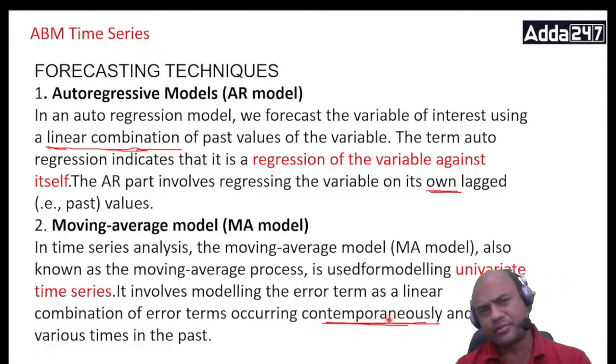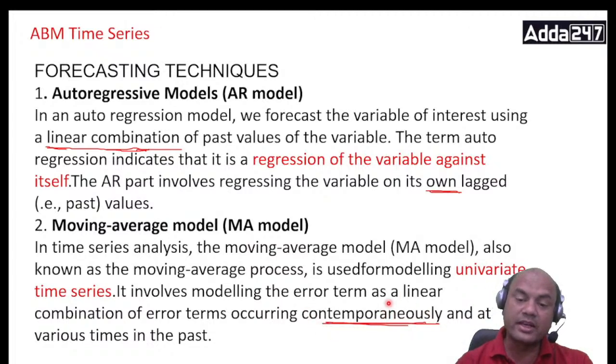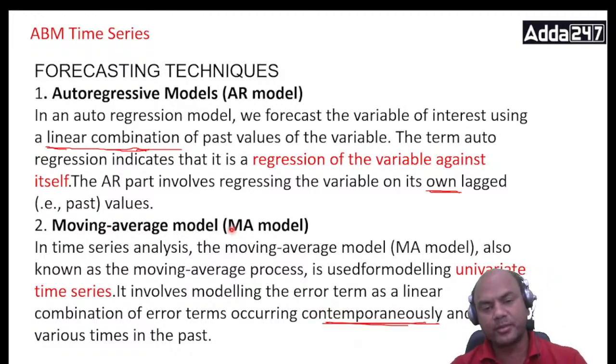So big word. This is latest one, latest. Whichever is the latest will get the highest weightage at various times of the period. So from exam point of view, remember auto-regressive means linear combination and own lagged. Moving average means what? Univariate, and if they give you this word contemporaneously, then it is MA.